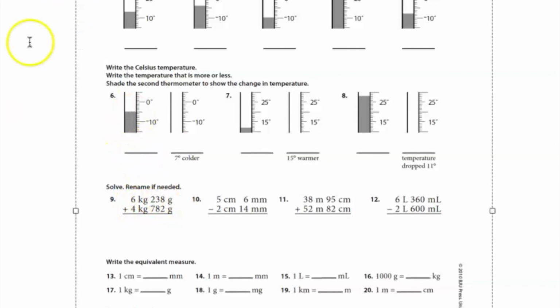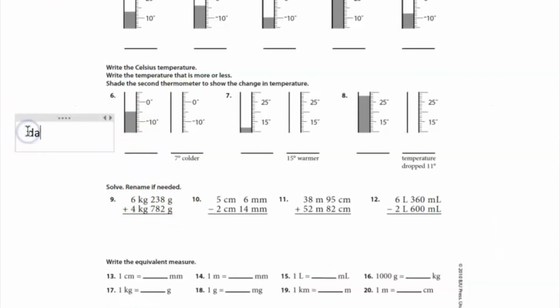So when you read number 6, hold on. Here we go. So I think number 6 is about 5 degrees Celsius. All right. 5 degrees Celsius.